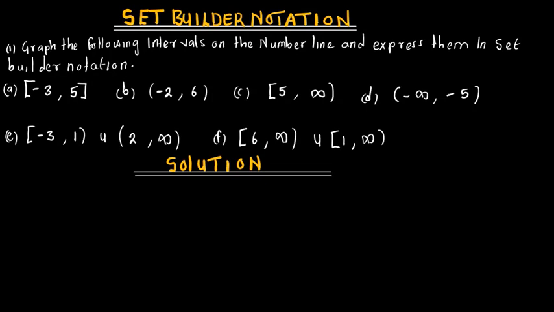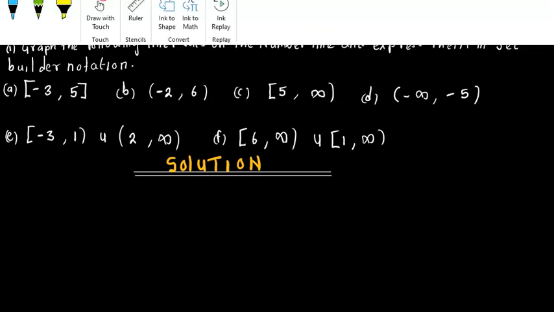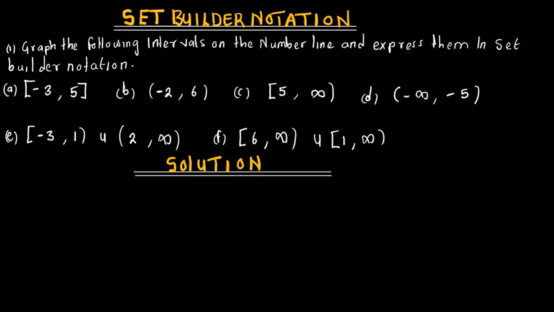You'll see how you're able to grasp the concept. C is not different from the others except that it has some positive infinity. We have 5, we have positive infinity.